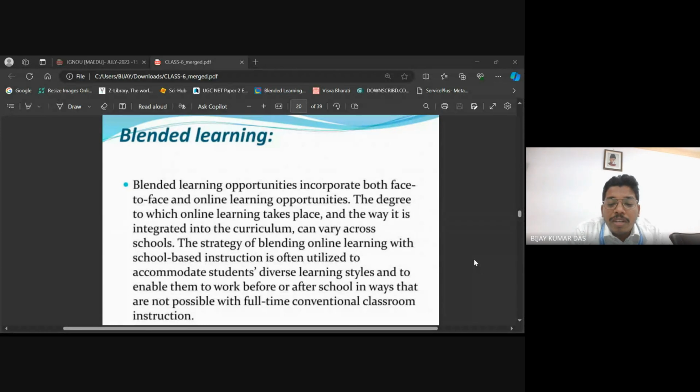So in these ways, it is not possible in full-time conventional classroom instruction. Everything will be explained in the physical classroom, it may create havoc in the mind of the learner. So many things are discussed in the classroom, and you know that our span of attention in a period is very less, isn't it? After the attention is gone, our mind blinks.